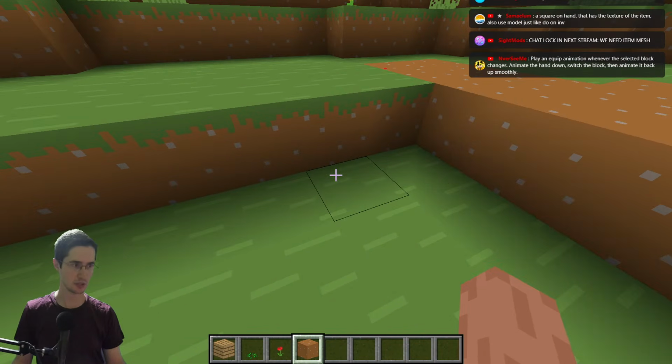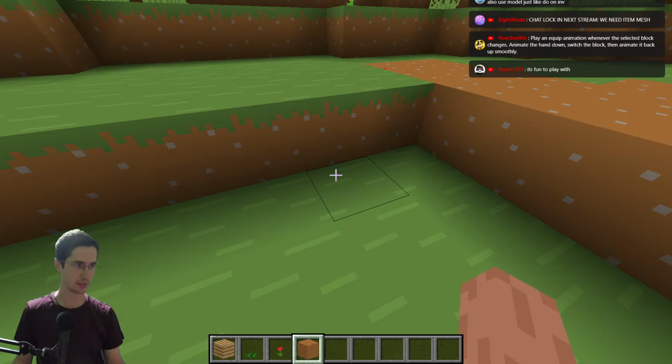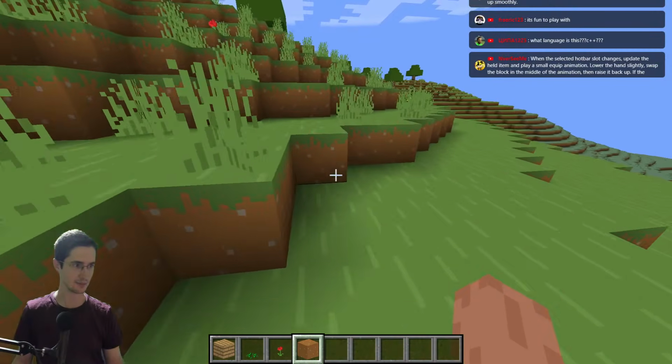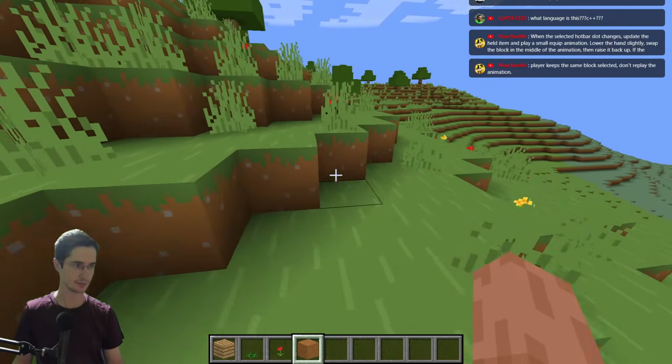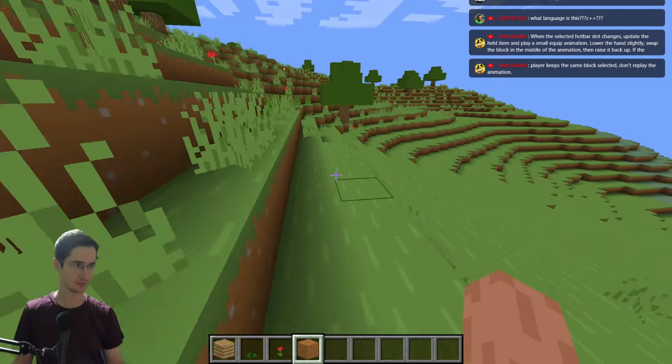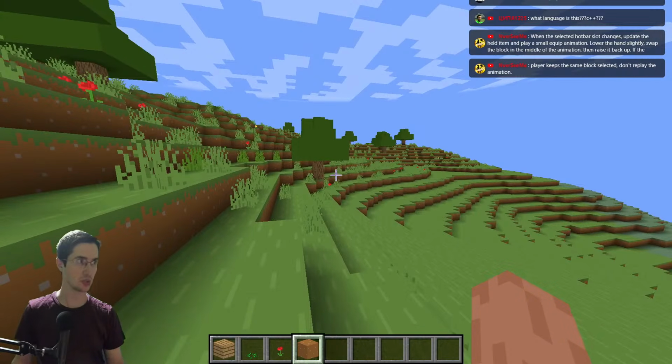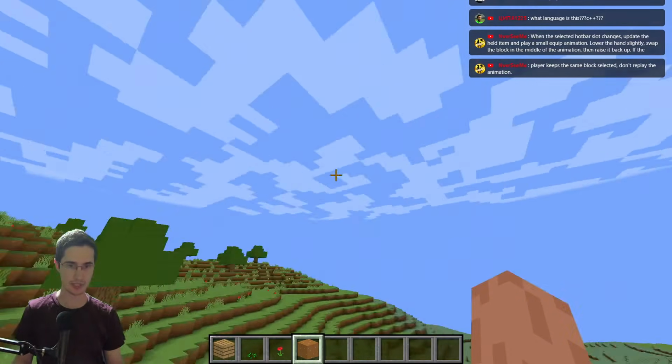Play an equip animation whenever the selected block changes. Animate the hand down, switch to the block, and animate it back up smoothly. One thing we could add is a slide delay when rotating the screen.